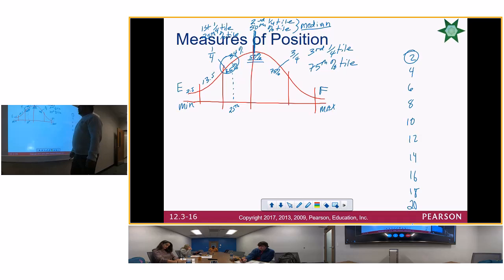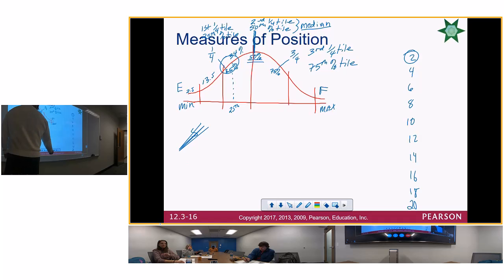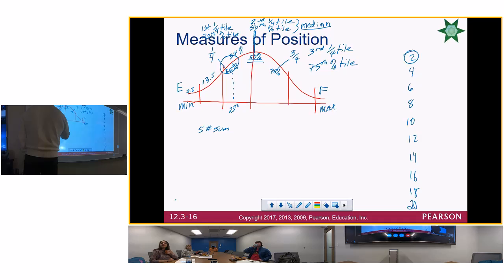So I'm going to go over here and write 5-number summary down. Let me get rid of the arbitrary things that show up on this board. All right, so 5-number summary consists of the min, first quartile, second quartile, third quartile, and the max.